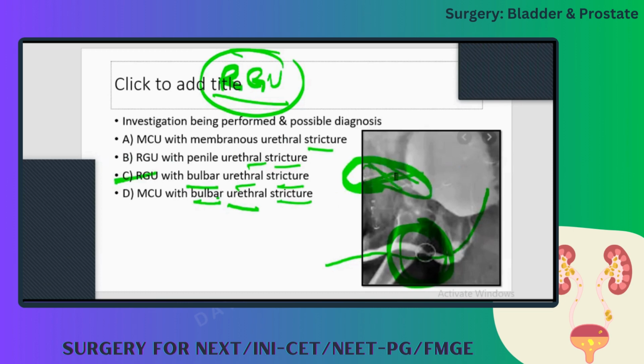If they give contrast from below, it is known as an RGU, retrograde urethrogram. Antegrade is coming from above: kidney, ureter, bladder, urethra. You are giving it from below and studying the urethra. Clear? And he has a stricture also.